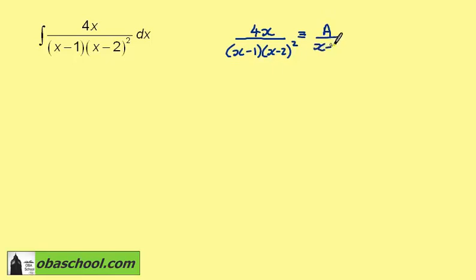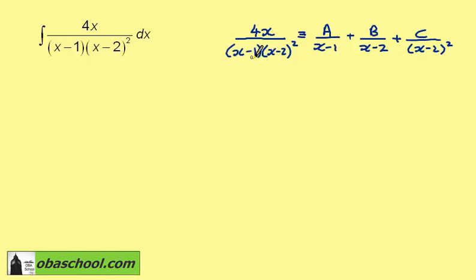So the linear factor x minus 1 is dealt with as A over x minus 1, and the repeated factor would be B over x minus 2 plus C over (x minus 2) all squared.